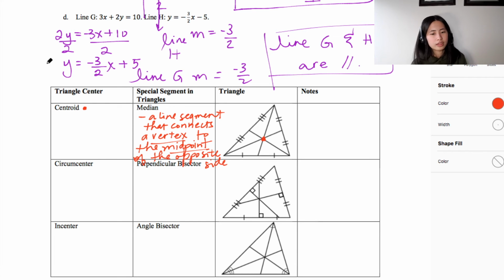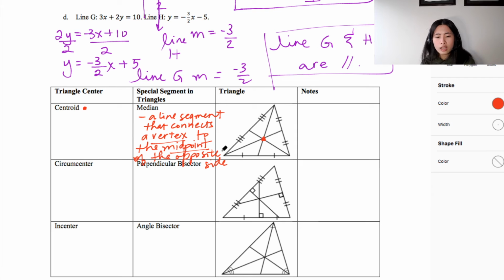Okay, so 2 important things that you need to remember. If you're looking at medians, that means you're starting from a vertex and moving towards the opposite side, and you create a midpoint over here. On the other hand, you can also have a median over here because this is also a vertex of a triangle. So you can only have 3 medians in a triangle because you only have 3 vertices.